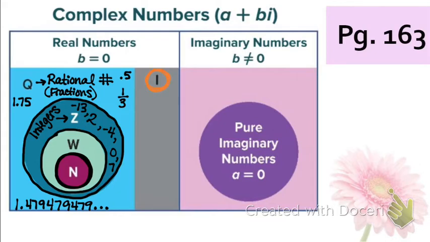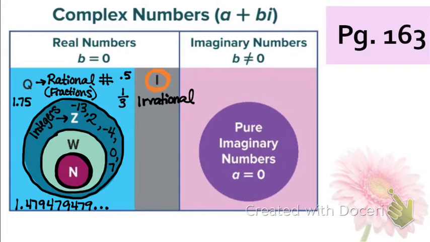This one over here, this I, stands for irrational. Examples of irrational numbers. You got a pen? Yeah, you said a pen.